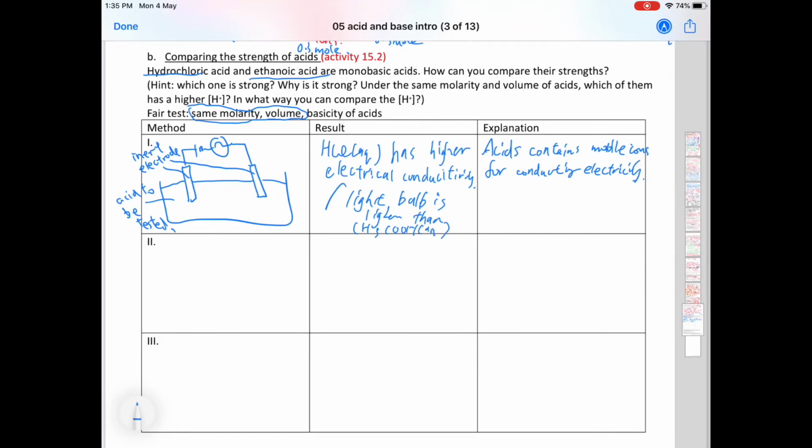The reason is that hydrochloric acid is a stronger acid, so it is more completely ionized.